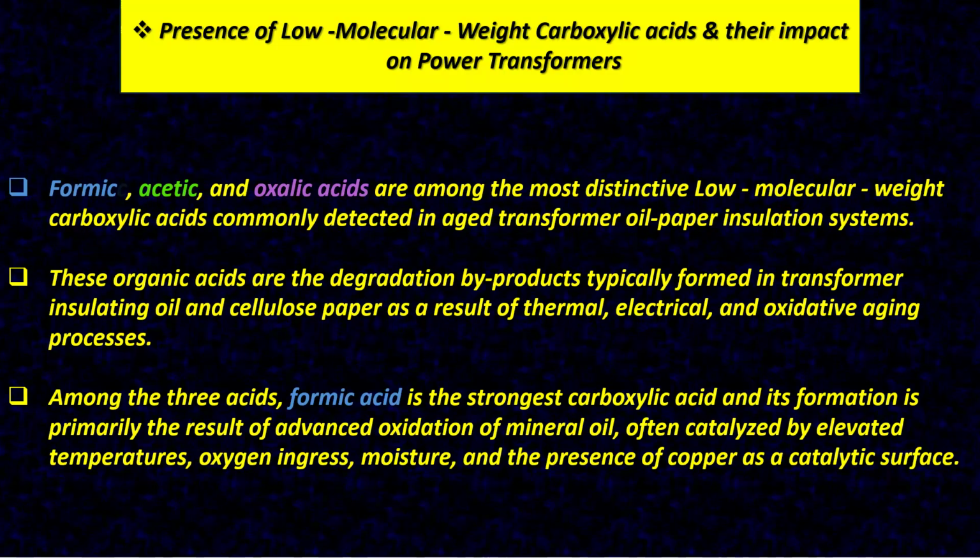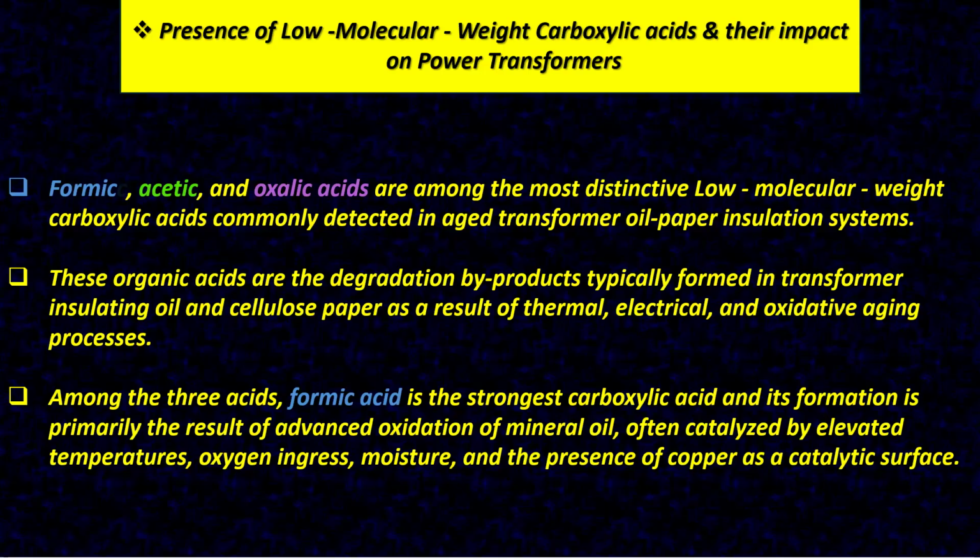Presence of low molecular weight carboxylic acids and their impact on power transformers. Formic, acetic, and oxalic acids are among the most distinctive low molecular weight carboxylic acids commonly detected in aged transformer oil paper insulation systems. These organic acids are degradation products typically formed in transformer insulating oil and cellulose paper as a result of thermal, electrical, and oxidative aging processes.